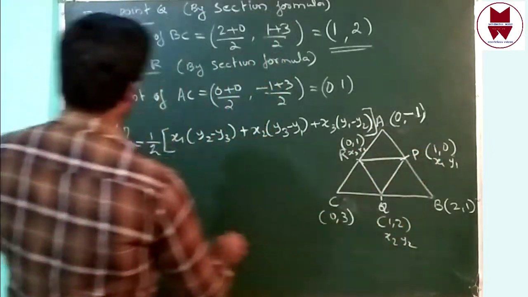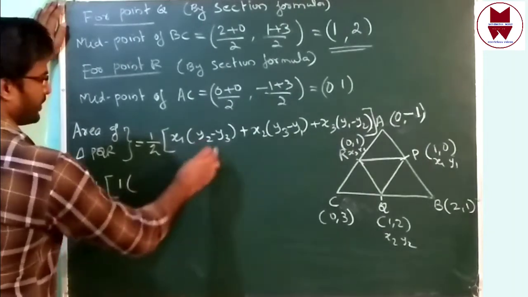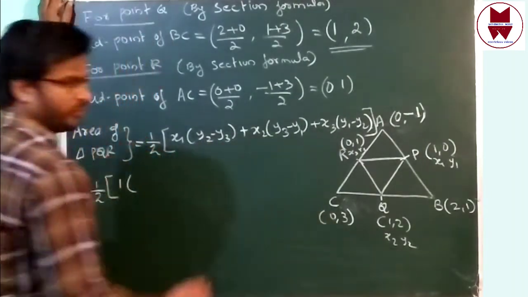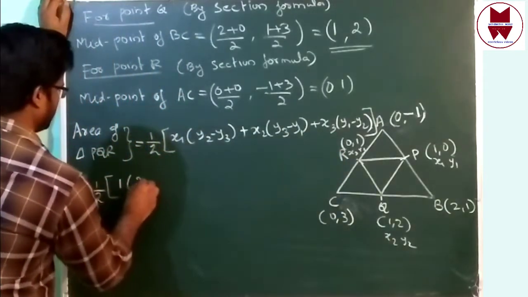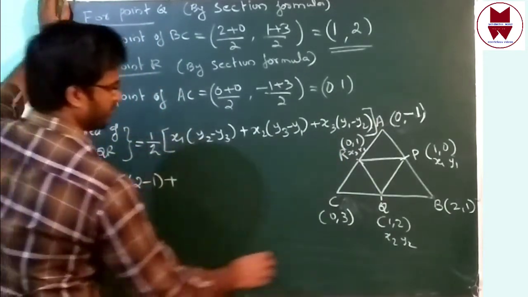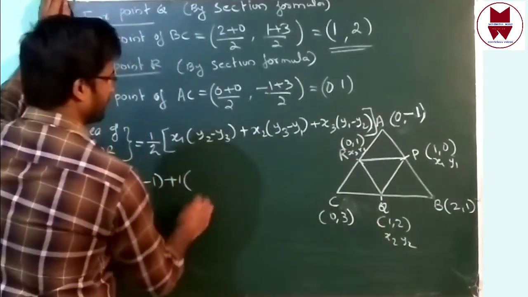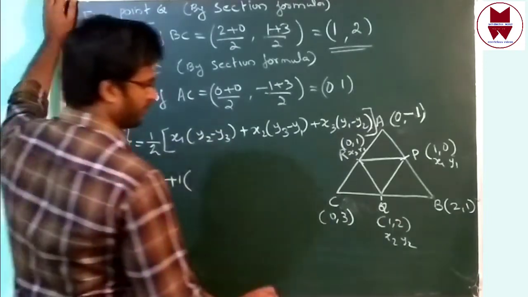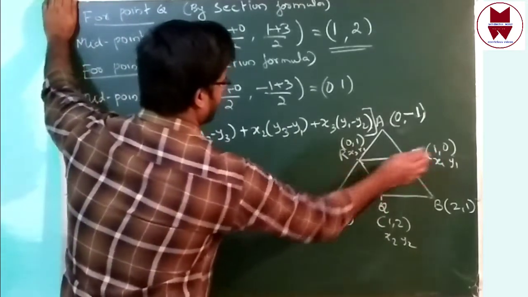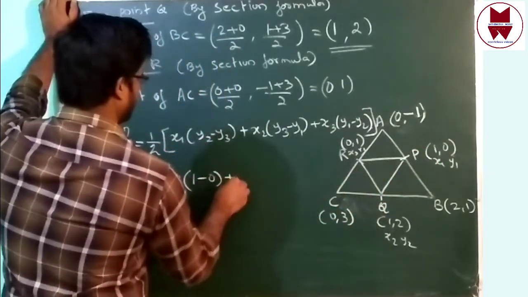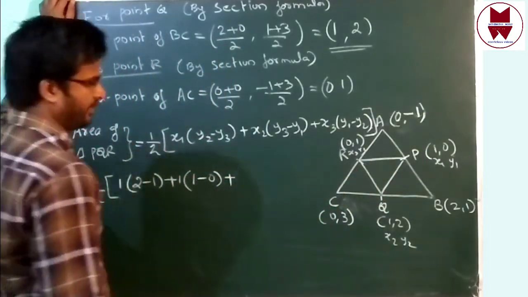Then 1 times y2 minus y3, y2 is 2 minus 1, plus x2 is again 1, times y3 minus y1, y3 here is 1 minus y1 is 0, plus x3, what is x3?